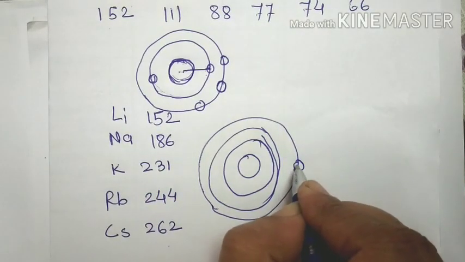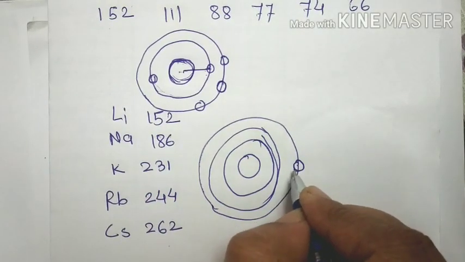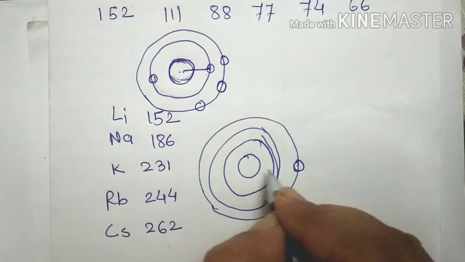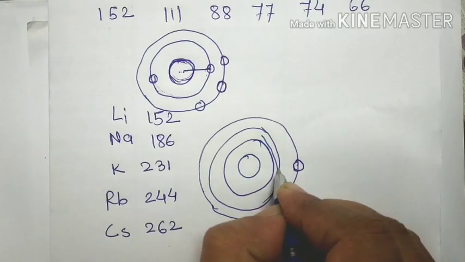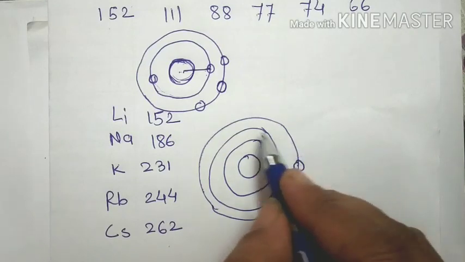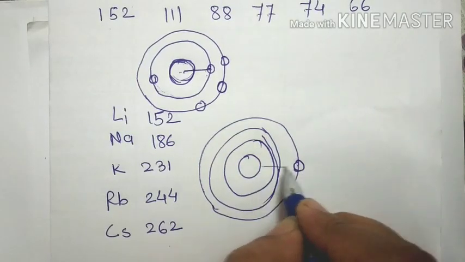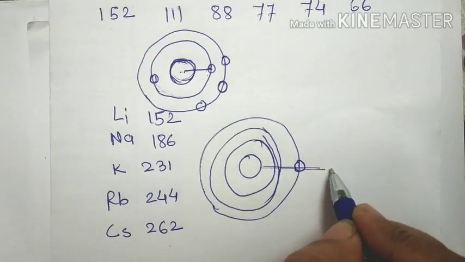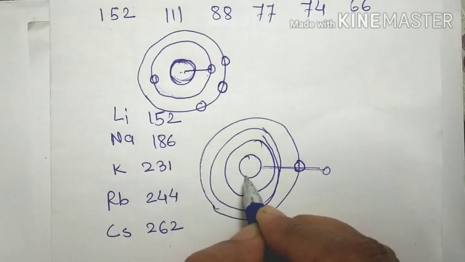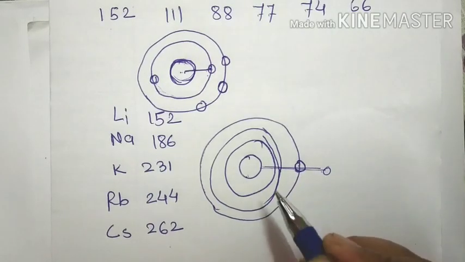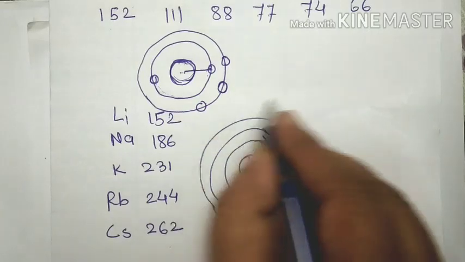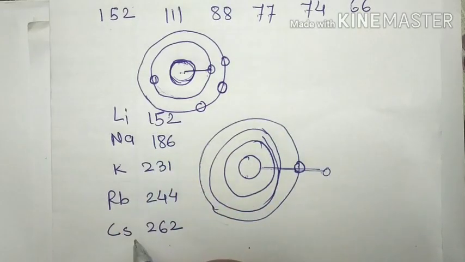So the electrons present in the last orbit exert less nuclear force as compared to the first, so that as 1 shell is added, the electron goes away from the nucleus and experiences a lesser pull from the nucleus. That's why atomic size goes on increasing down the group.